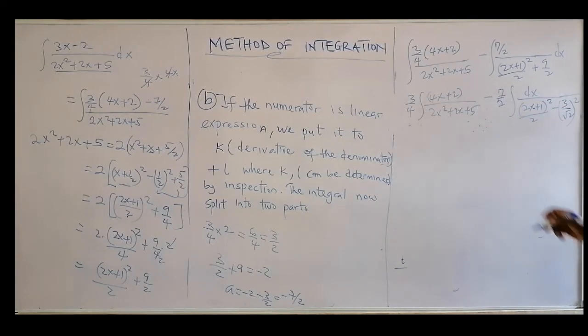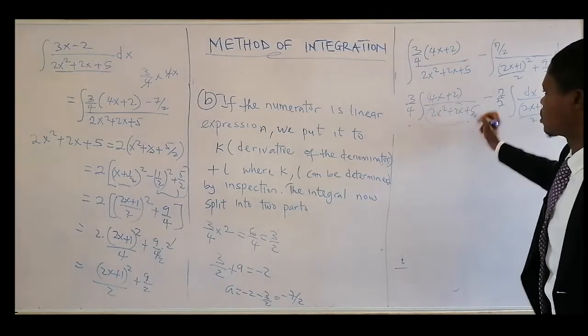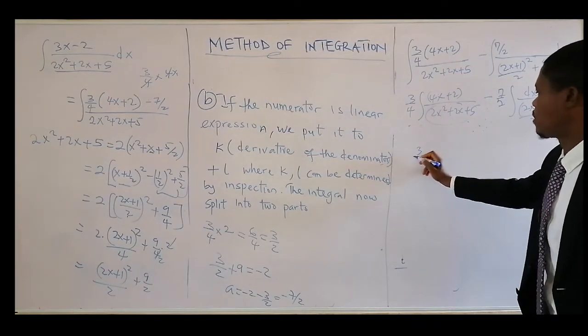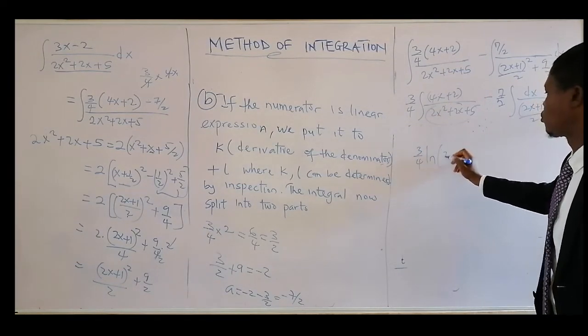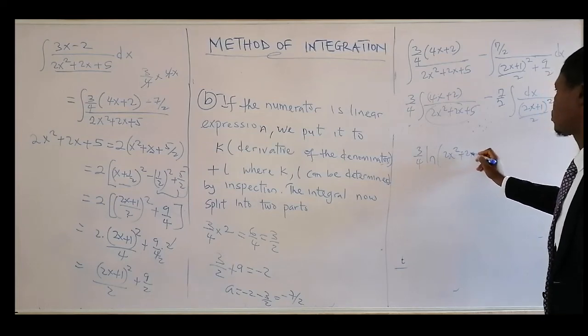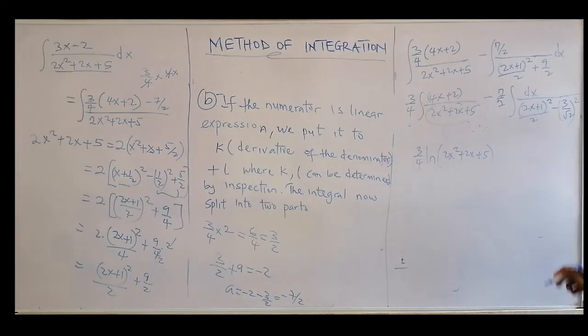Okay, and the derivative of this one is equal to this, and that will be 3 over 4 ln of 2x squared plus 2x plus 5. Then this one will give me minus 7 over 2, and then this will be arctan of 2x plus 1.